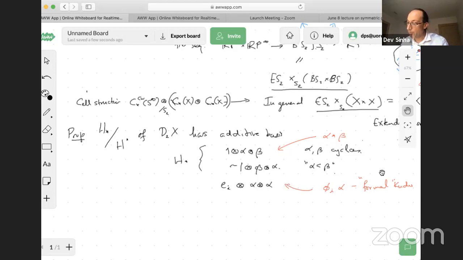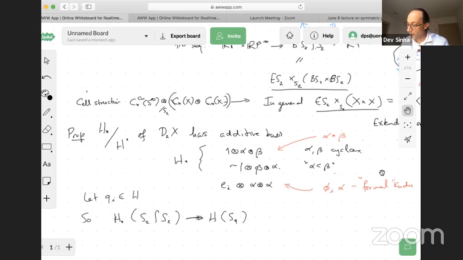In any case, what we know then is that the homology of the wreath product maps to the homology of the group surjectively.